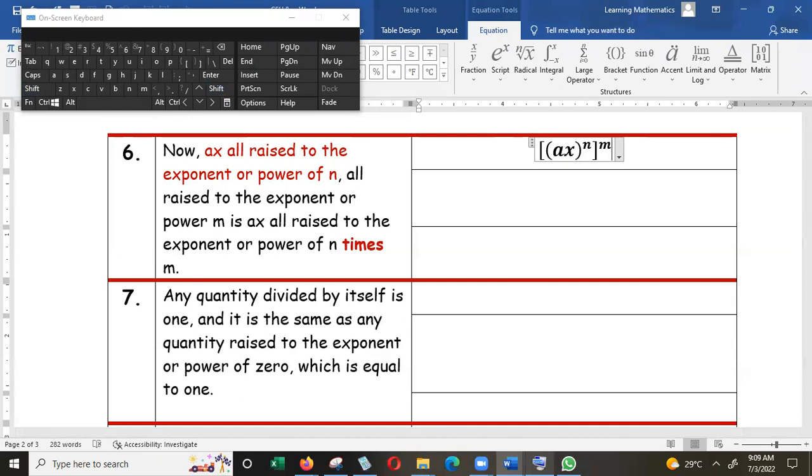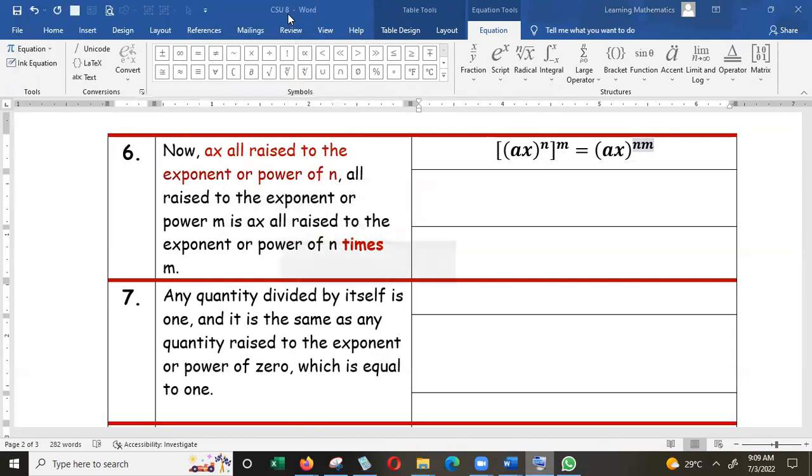So a situation like that is equal to the ax all raised to the power of n times m. All right, nm is the same as n times m. So you call that the powers raised rule.